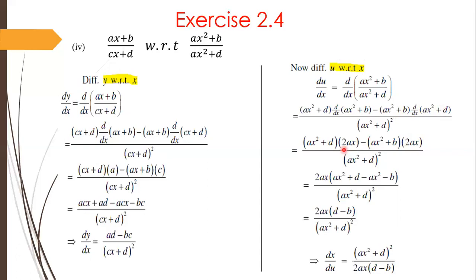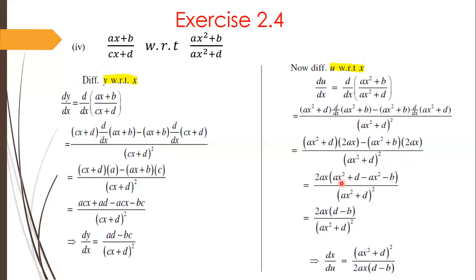Open the bracket, in the numerator we will get 2a square x cube plus 2axd minus 2a square x cube minus 2abx, or we can take 2ax common from the numerator. The remaining terms are ax square plus d minus ax square plus, into minus is minus b.